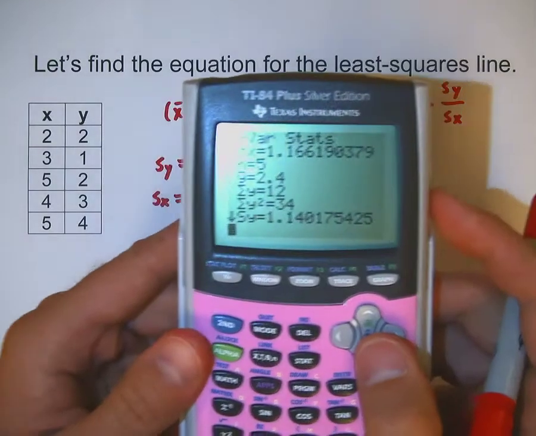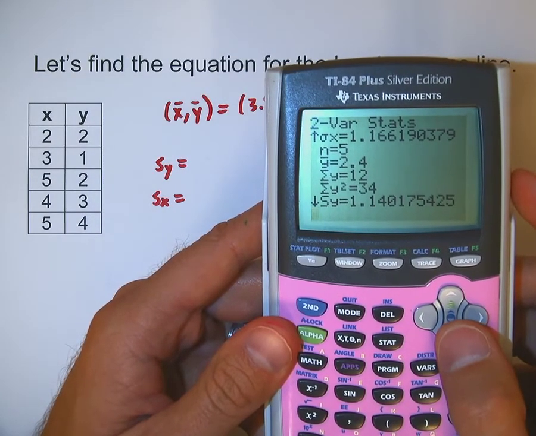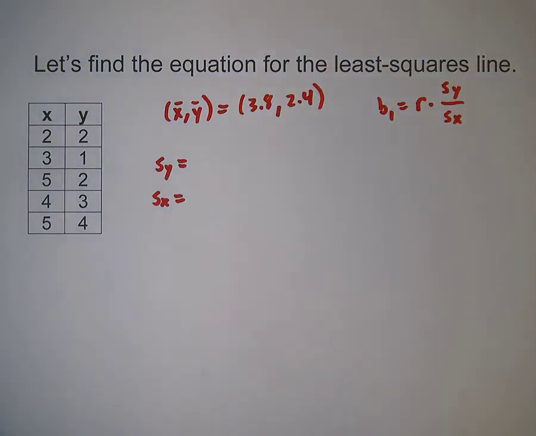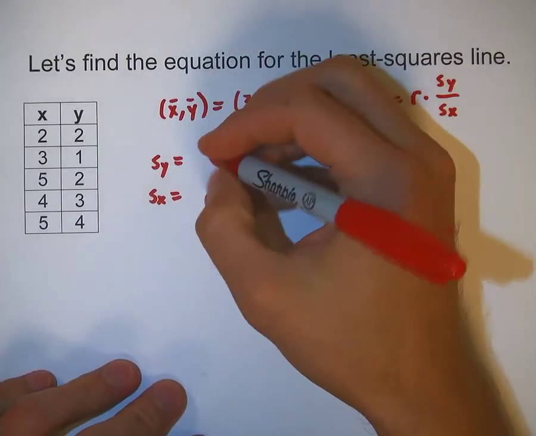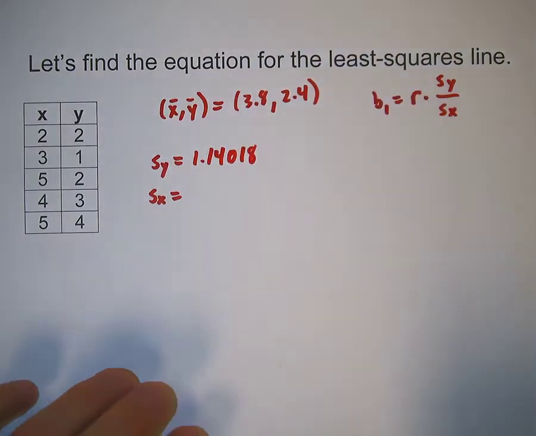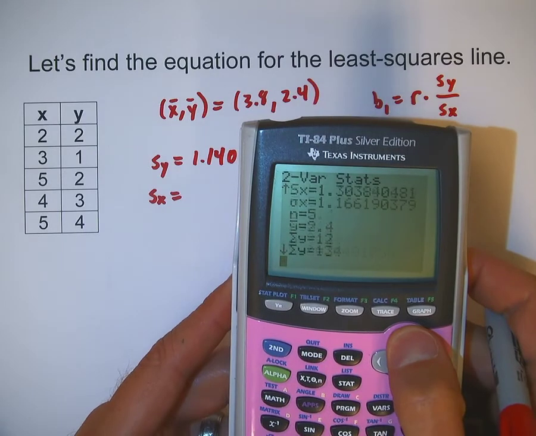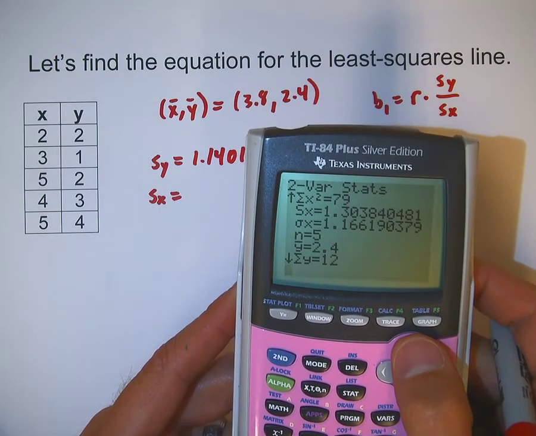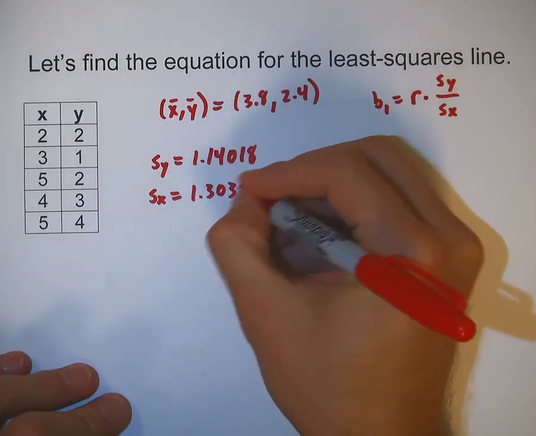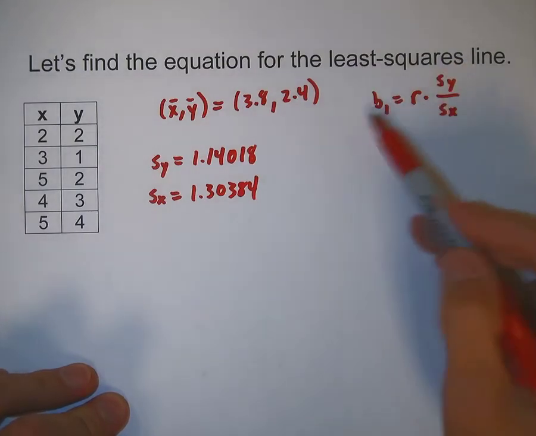From my calculator, these are on the same screen. sy is 1.1401, and I'm going to reproduce that to a pretty high degree of accuracy, 1.14018. Then sx is about 1.3038, so 1.30384.